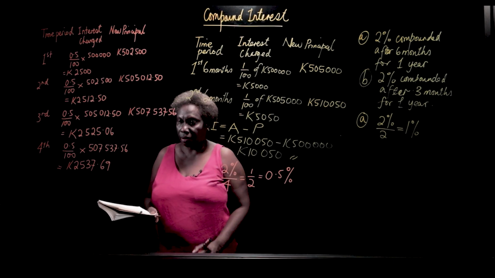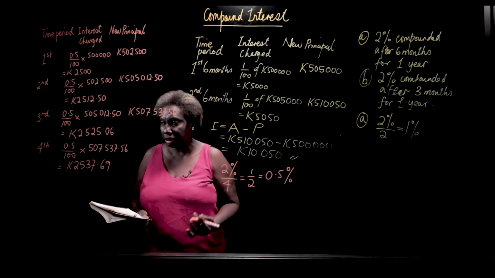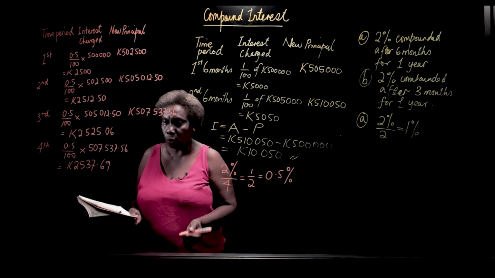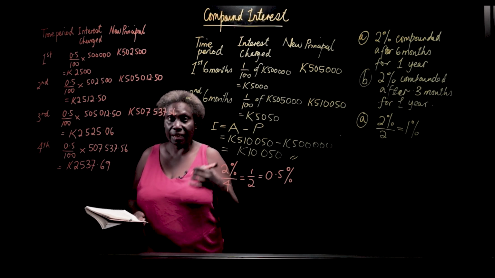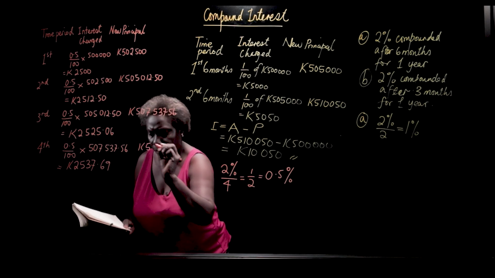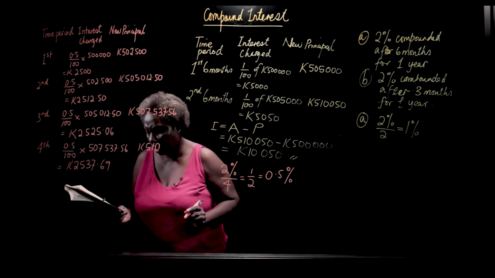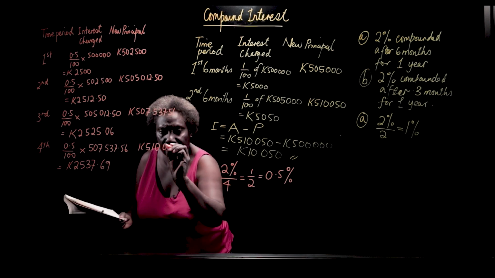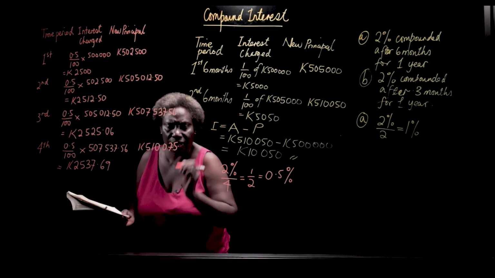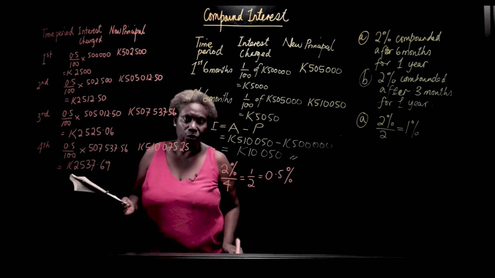So the total amount that will be paid at the end of the final quarter, and also at the end of the year, will be 510,075 kina 25 toya.